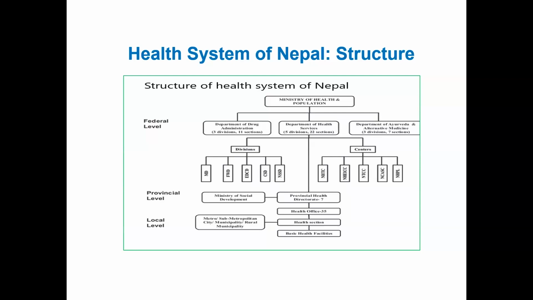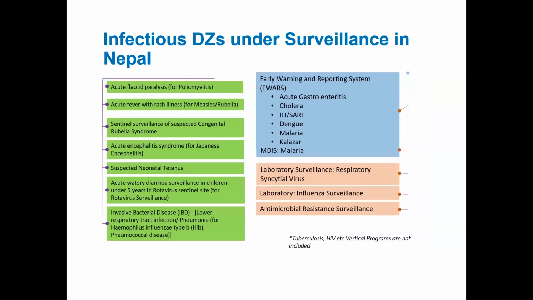Since a few years ago we have moved to a federal structure, and there are 3 tiers of government: federal, provincial, and local level government. They have responsibilities in different areas of health. Infectious disease control jurisdiction falls mainly under the central government, but with coordination with the provincial and local levels.